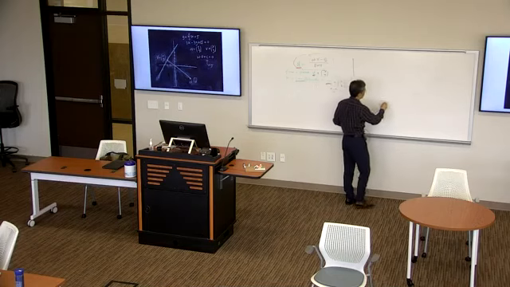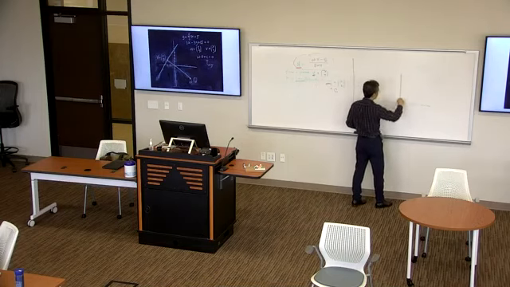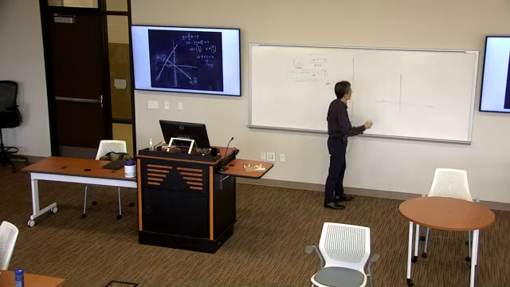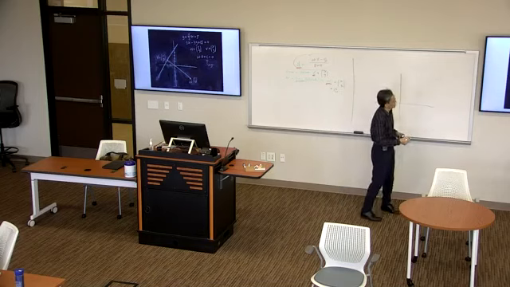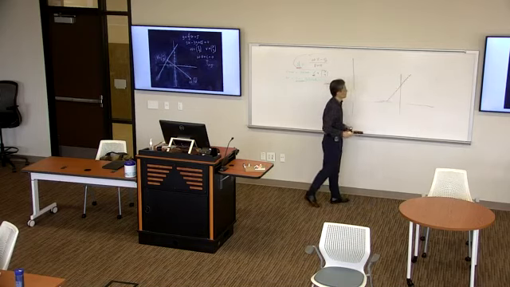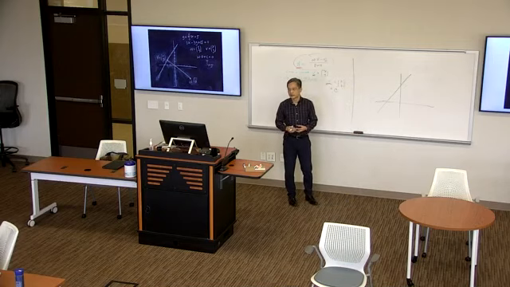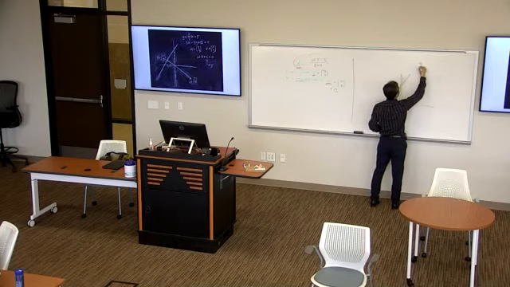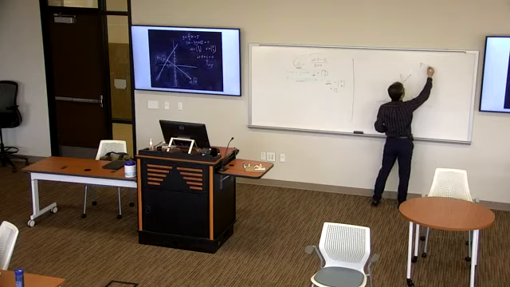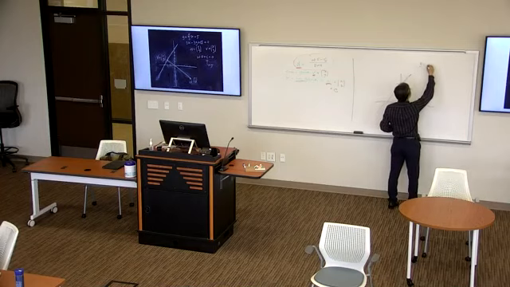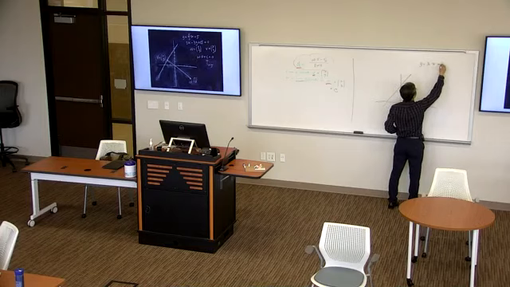Here we define a line. Normally we write a line as y equals some slope, say alpha x, plus a constant.